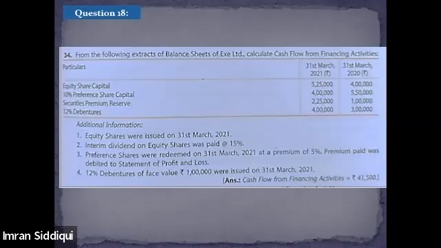Tell me quickly. 5,50,000 previous year, again on the opening value. Are you sure? We are redeeming the preference shares on 31st of March 2021, at the end of the year only.